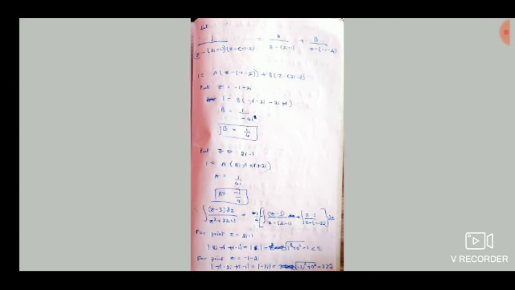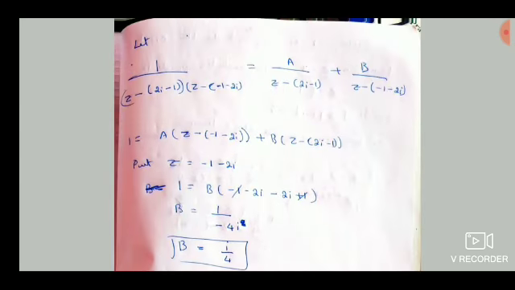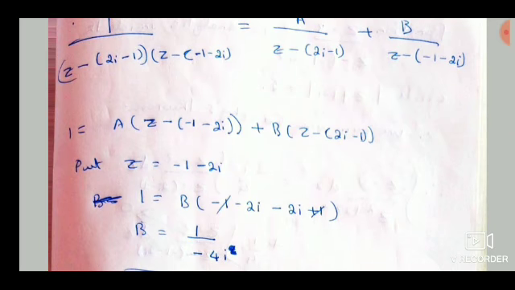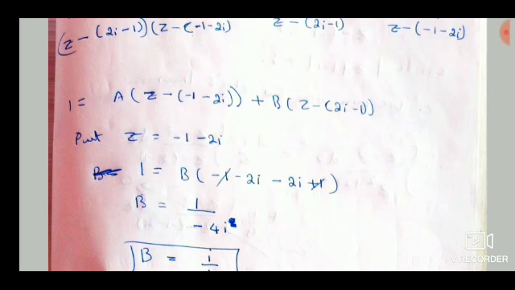Now I once again use partial fraction. 1 by (z minus 2i plus 1) into (z minus of minus 1 minus 2i) is equal to a divided by (z minus 2i plus 1) plus b divided by (z plus 1 plus 2i). Multiply the whole equation by this, so you will get 1 is equal to a into (z plus 1 plus 2i) plus b into (z minus 2i plus 1).